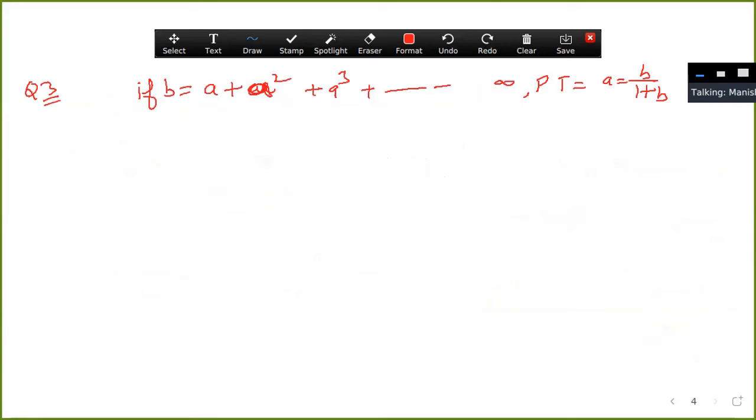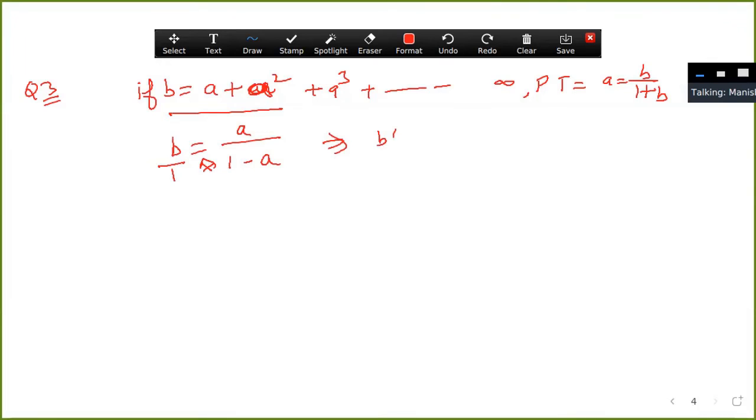What to do? Just this equation is given to you, and as you know, this is an infinite GP because it is going up to infinite. So b is equal to a, first term, upon 1 minus r, it is also a. Now you have to simplify it. What you will get after cross multiplication?